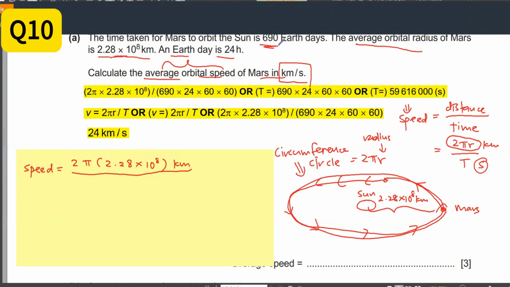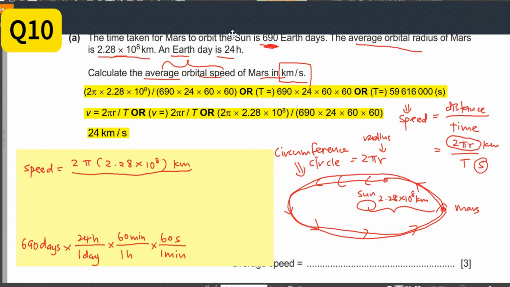But here, the time taken is 690 days. So the 690 days, we need to convert to seconds. We can use the conversion factor: 1 day equals 24 hours, 1 hour equals 60 minutes, 1 minute equals 60 seconds.